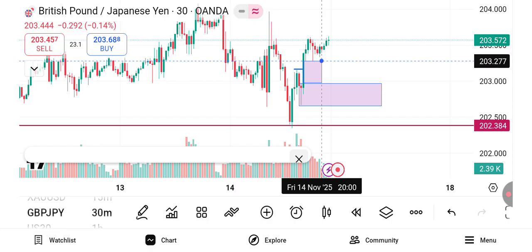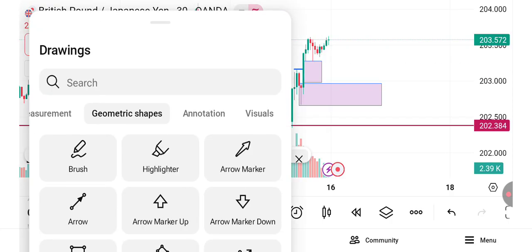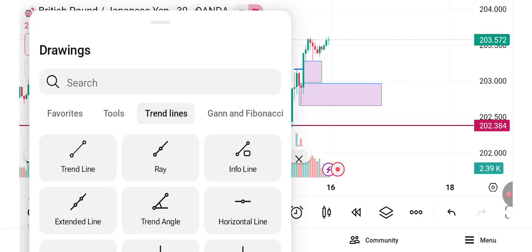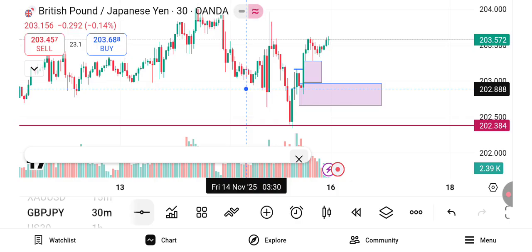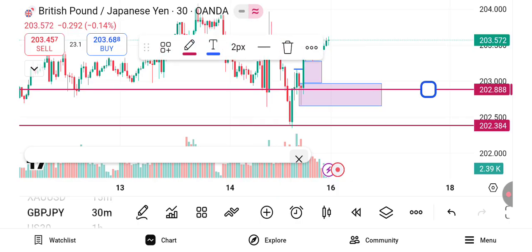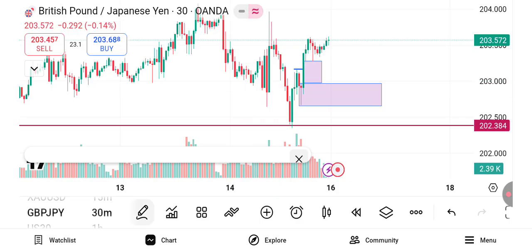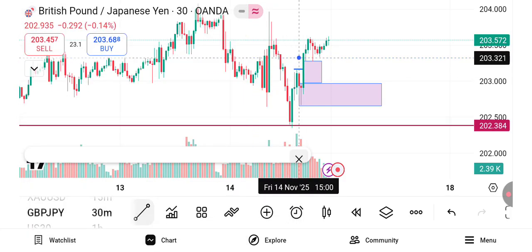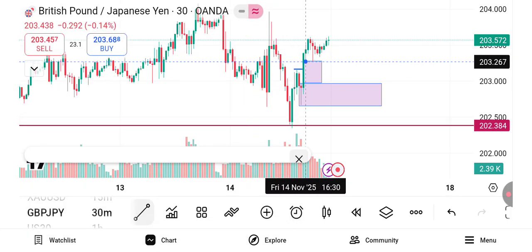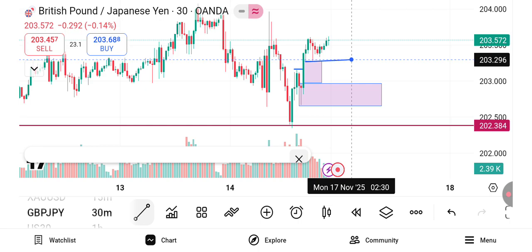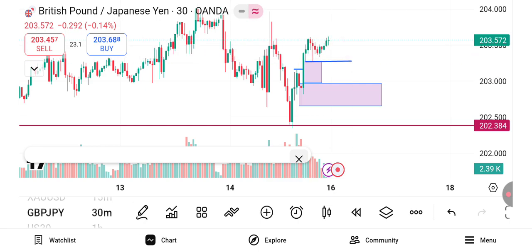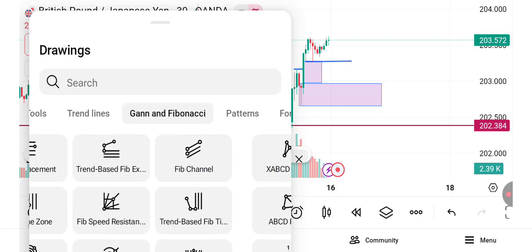This is my FVG, so I'm expecting the market to use this as liquidity to tap into my point of interest, my POI.